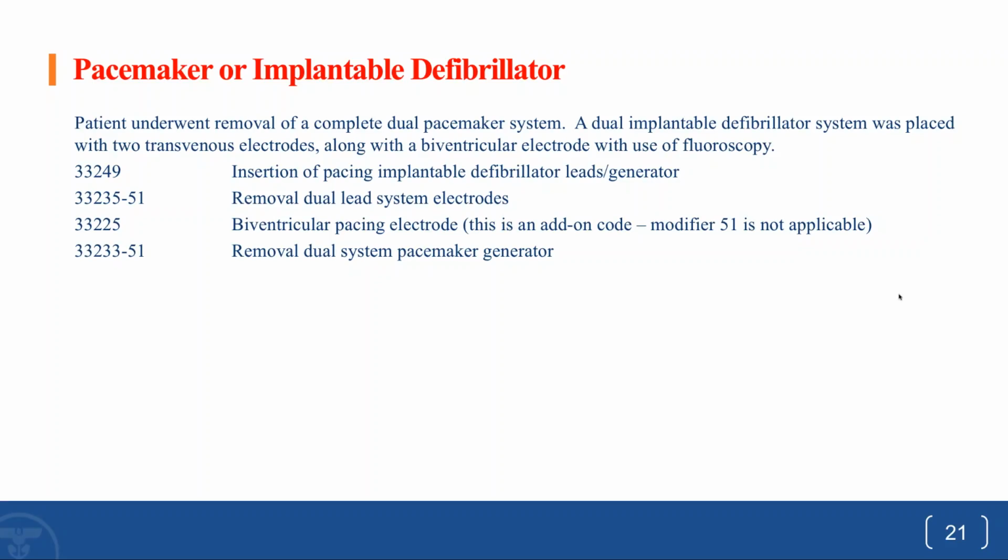The system itself is batteries and the leads. So there should be 2 removal codes, because they have to remove the leads and they also have to remove the pacemaker, because I see the term system there. That's letting me know the battery and the leads. Otherwise, they'll just say patient came in for removal of electrodes.